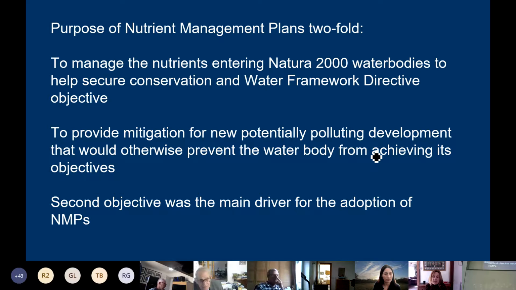In reality, it was the second objective that was the main driver for the adoption of nutrient management plans, because planning authorities were finding that they couldn't provide a positive habitats regulations assessment for their new development plans, providing for additional housing without some means of mitigating against the nutrients that will be generated by that development.